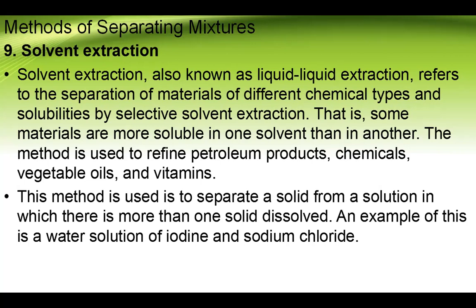The method is used to refine petroleum products, chemicals, vegetable oils, and vitamins. It is also used for separating a solid from a solution in which more than one solid is dissolved. An example is a water solution of iodine and sodium chloride, which can be separated by solvent extraction.